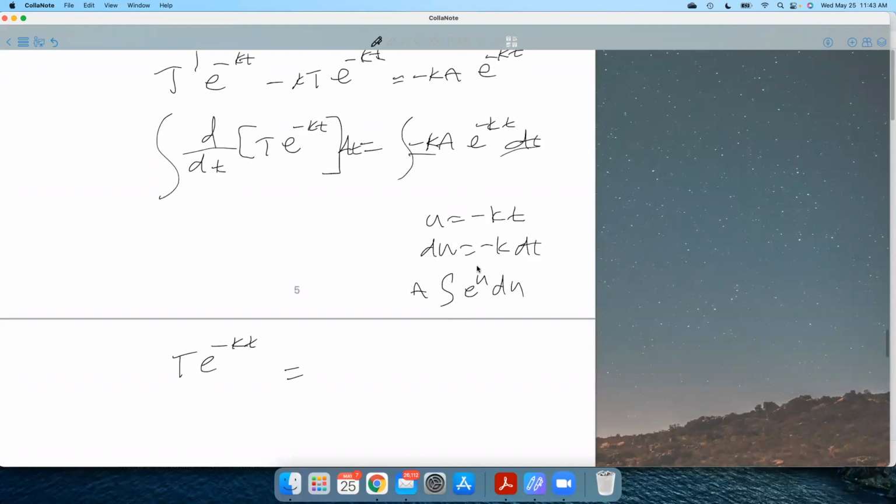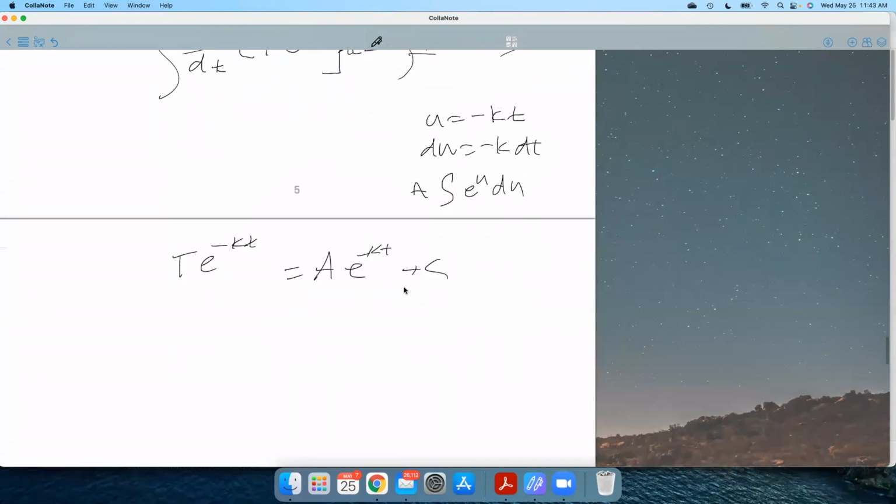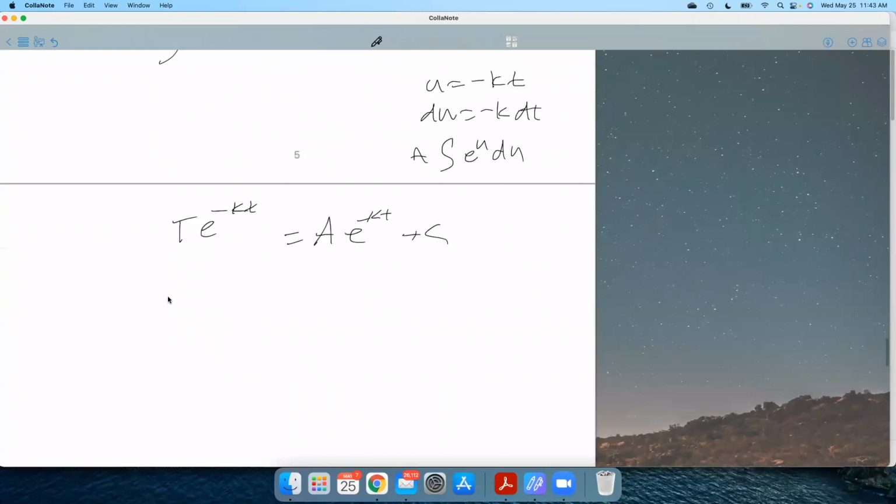The antiderivative is just e to the u. We just get e to the negative kt plus C. Yeah, because I already took care of the negative. Multiply everybody by the positive version of this to make that one cancel out.